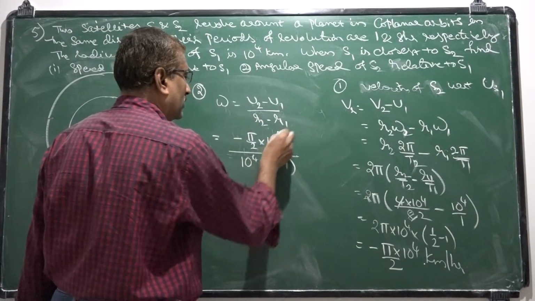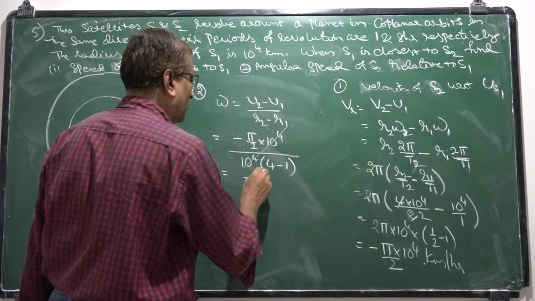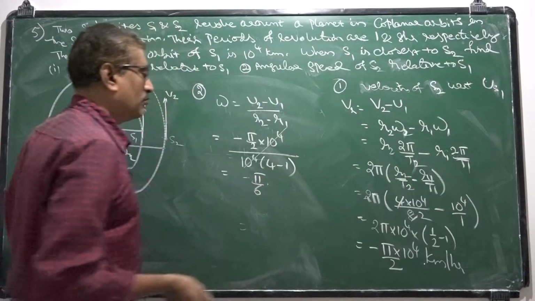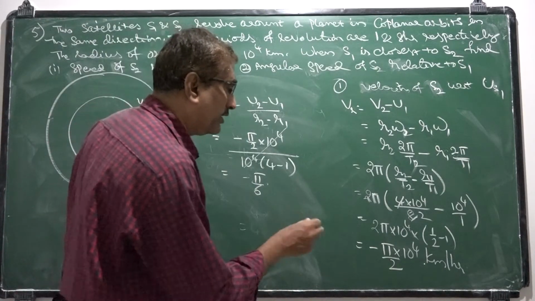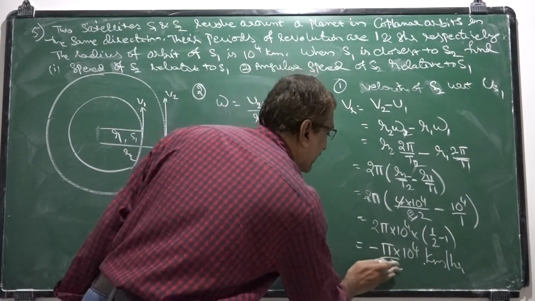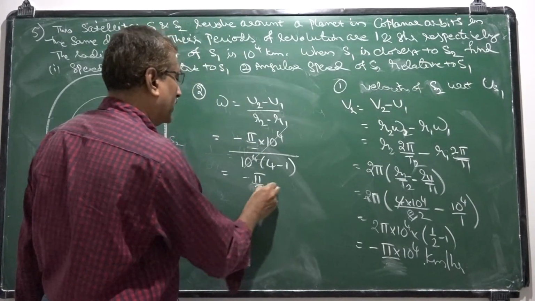That is minus pi by 6. Sorry, actually this is 2 pi, so pi only, pi by 3.